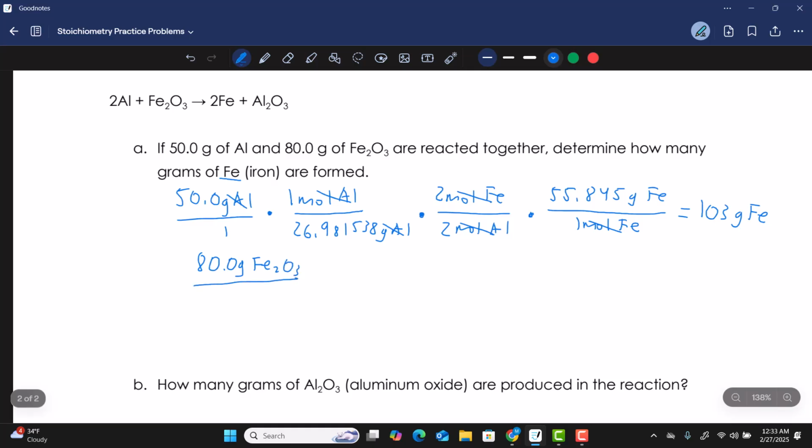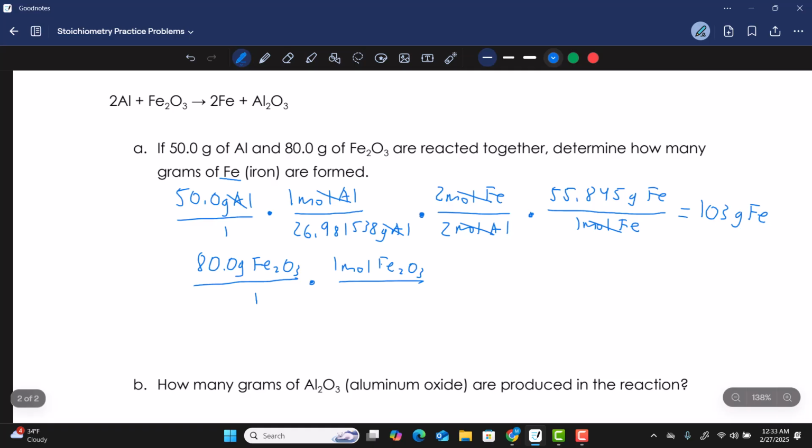So we have moles of Fe2O3 on the top, which is equal to the molar mass, which is 2 times Fe, which is 55.845, plus 3 times 15.9994.